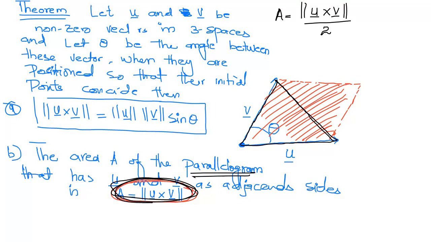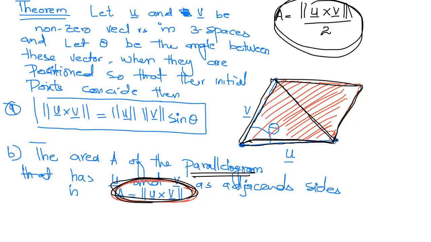A parallelogram is this shape, not a square. So if you take the half, you are taking the triangle. The area of the triangle in the form of vectors can be represented by this. Is this clear? That was the second part of the theorem.